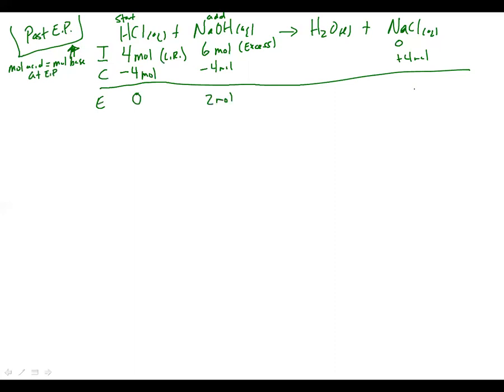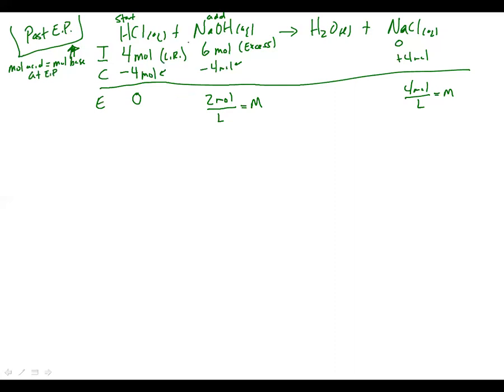We'll also have 4 moles of this guy. Using our total volume, we could convert each of these back into molarity. And again, in terms of the selection, also think logically about it. You can't have negative moles or concentration, so you've got to always take the smaller number when you do the difference.